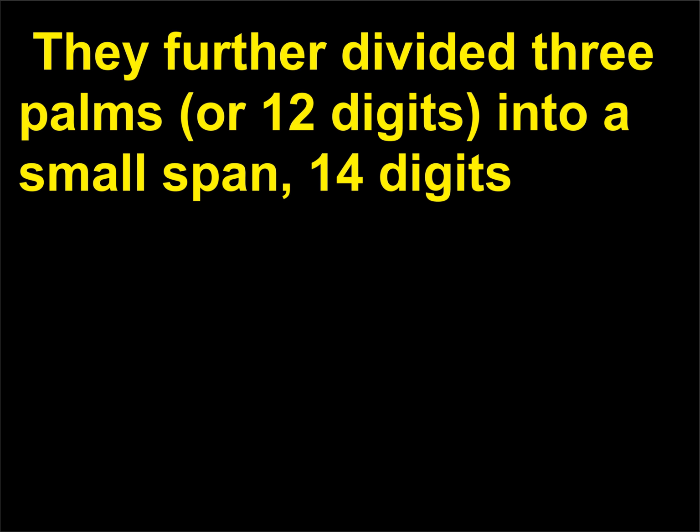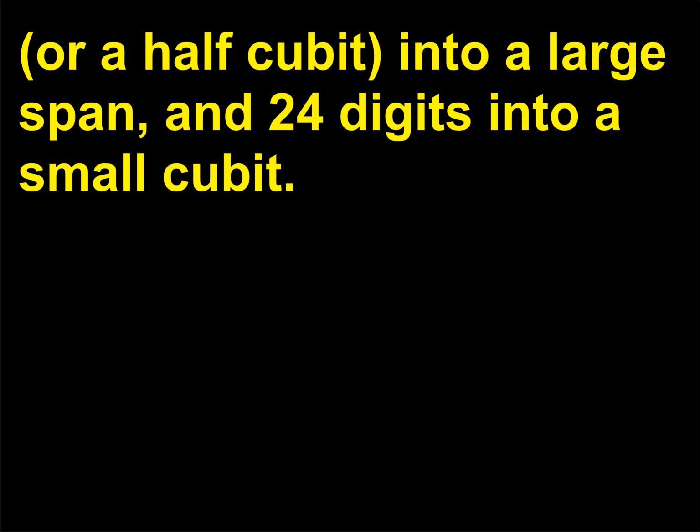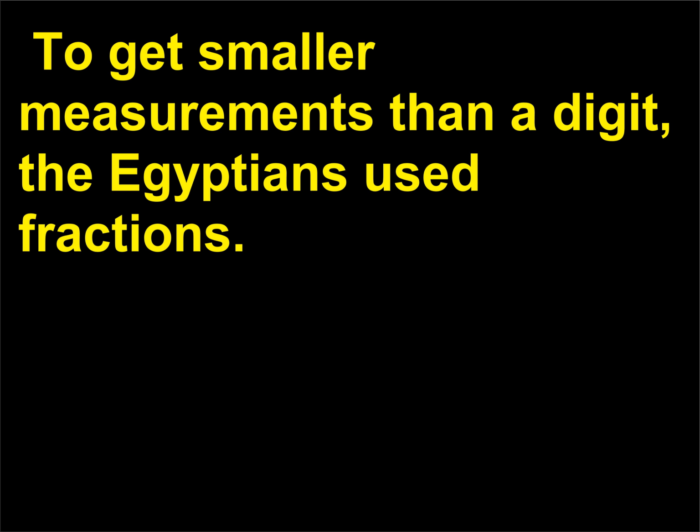They further divided 3 palms, or 12 digits, into a small span, 14 digits, or a half cubit, into a large span, and 24 digits into a small cubit. To get smaller measurements than a digit, the Egyptians used fractions.